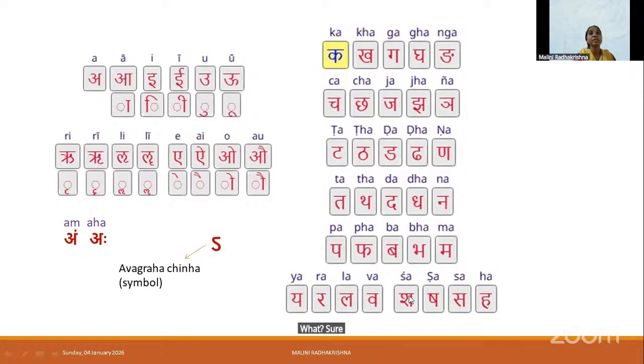Like how we pronounce Shankara, this is the Shankara Sha. Then comes another Sha. The first Sha comes from the front part of the tongue or the mouth. The second Sha has to come from the back side of our mouth, from the jaws.